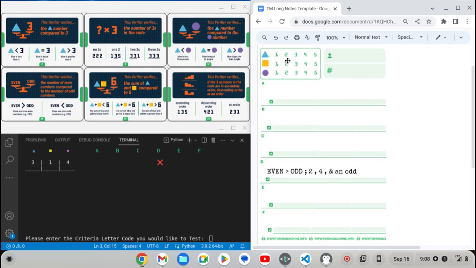Either they're going to be consecutive, which exhibit no order, or they're going to be triangle and circle, and square is going to be either less than or greater than, and that has no order. So we know that the 3 is either going to be there or not.